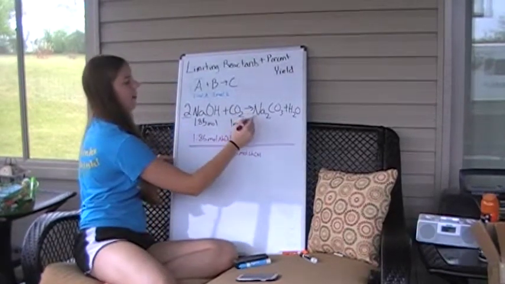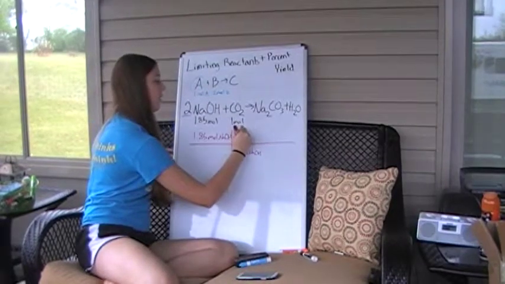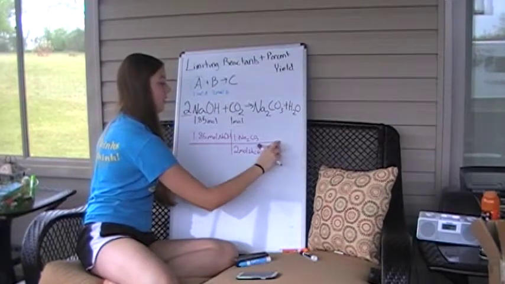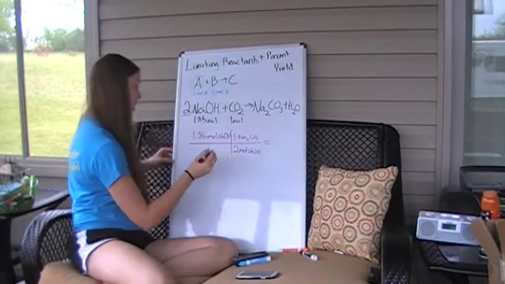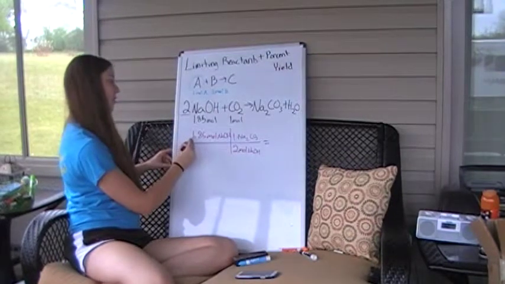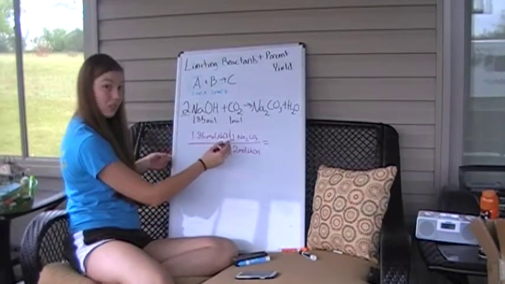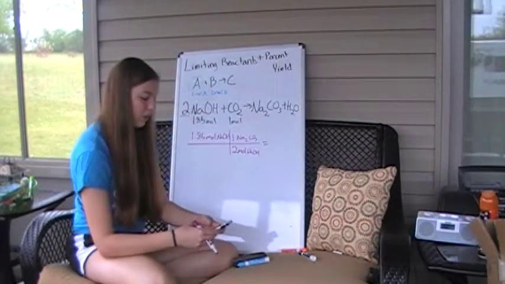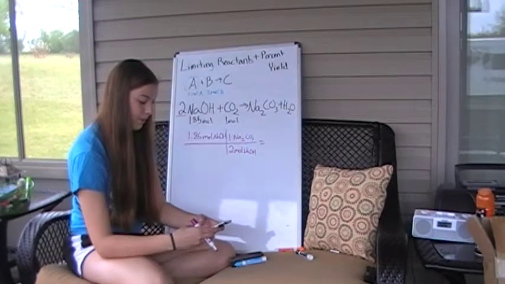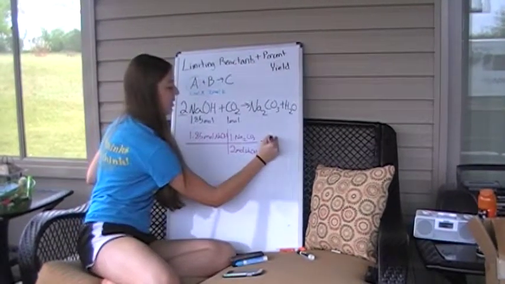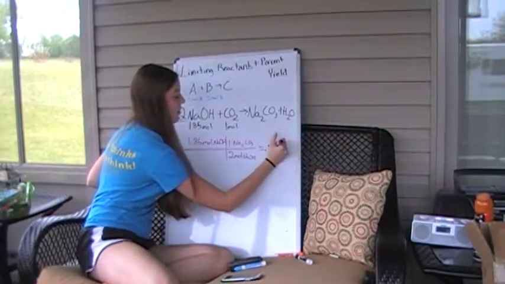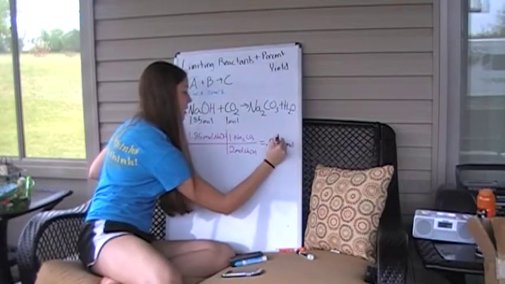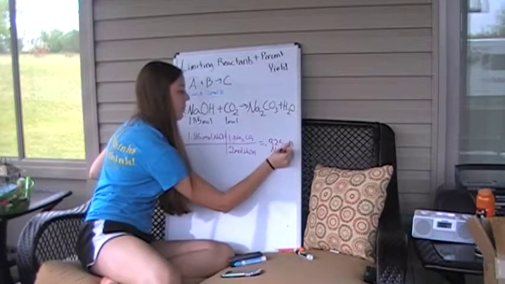And at the end, we have 1 mole of Na2CO3. So to complete the T-chart, we take 1.85 times 1, which is still 1.85, and divide by 2, which would equal 0.925 mole of Na2CO3.